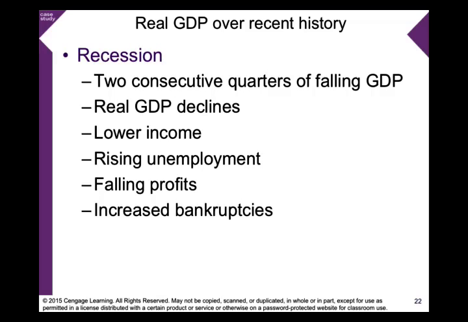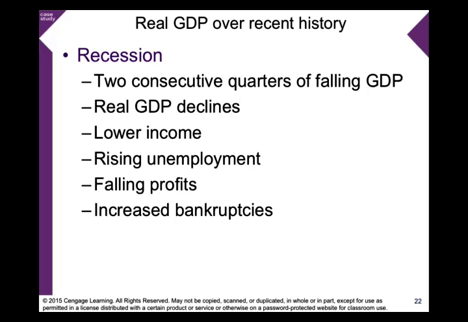A recession is basically a situation of 2 consecutive quarters of falling GDP. So if you calculate the GDP quarterly, and you notice that the GDP is falling for 2 consecutive quarters, that might be considered a recession.